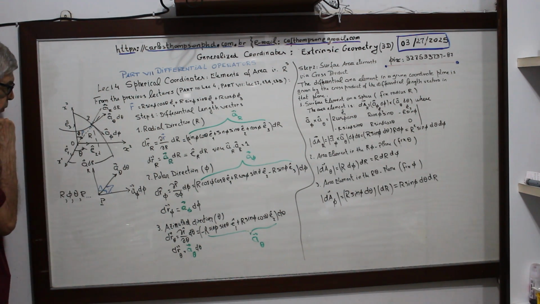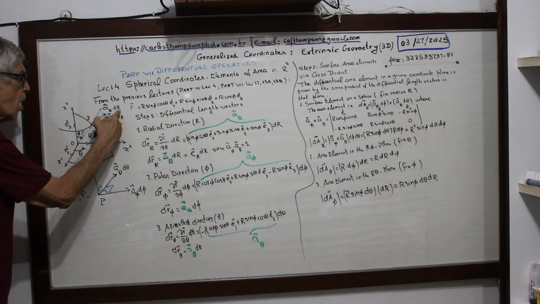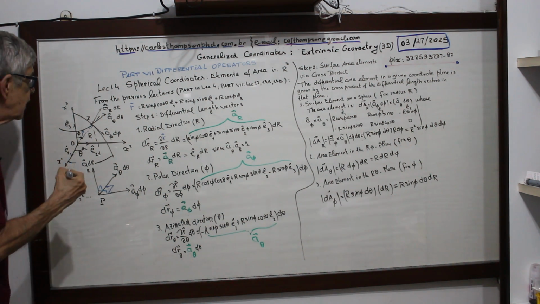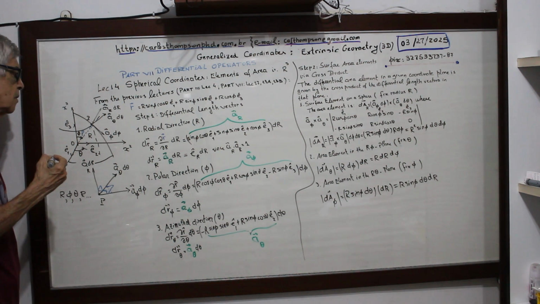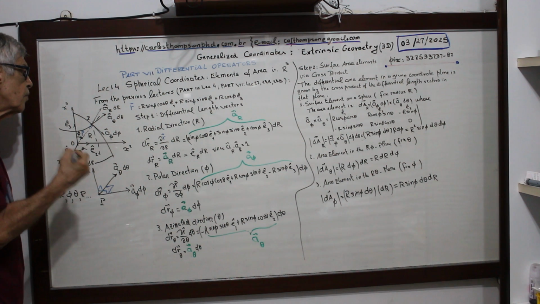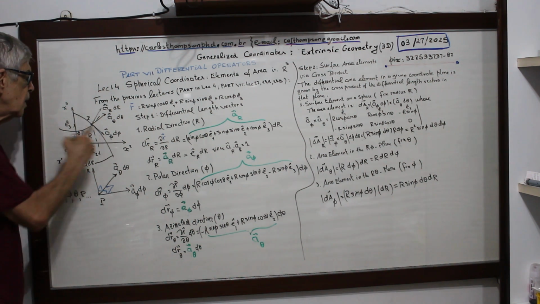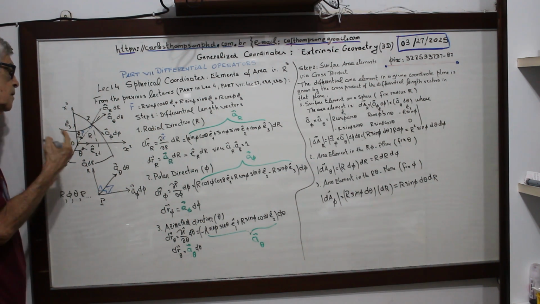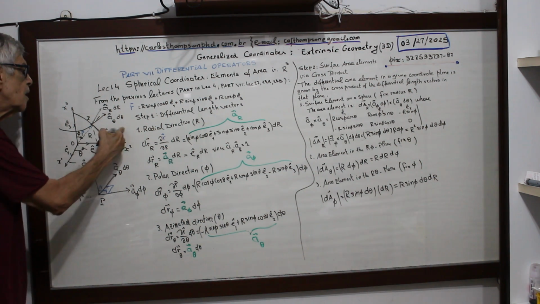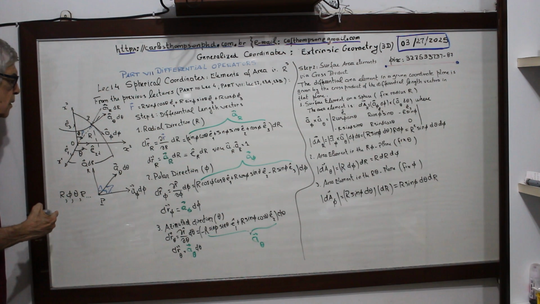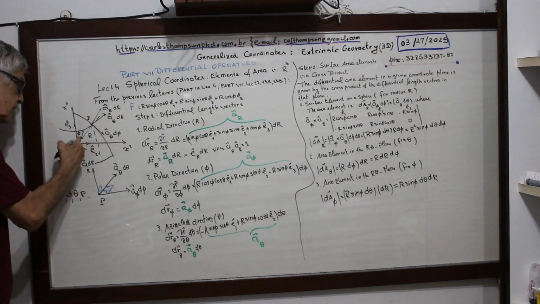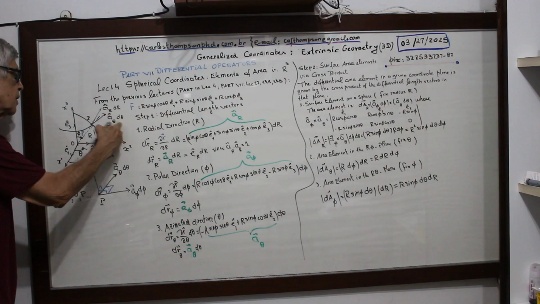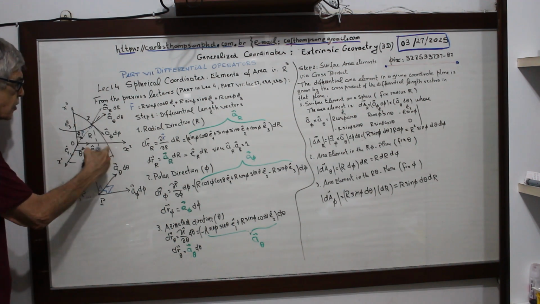theta direction. Now, A R dR is just the element of length in the R direction. A theta d theta is a tangent element in the theta direction.